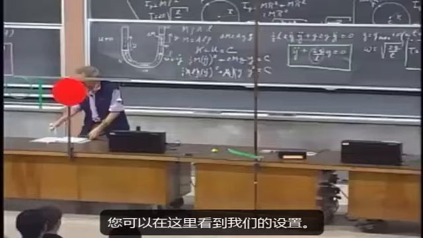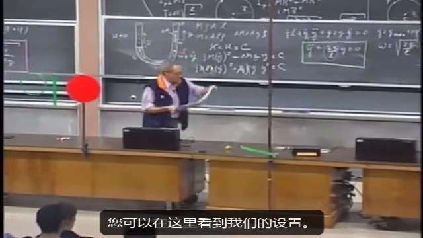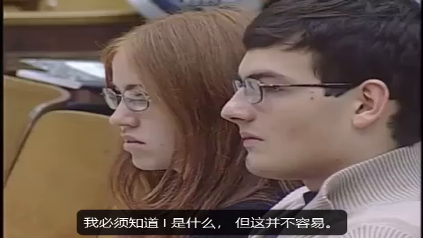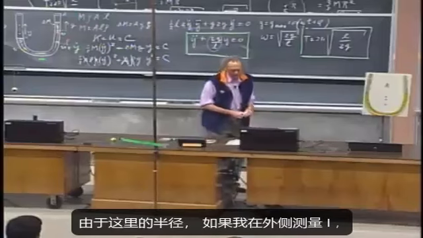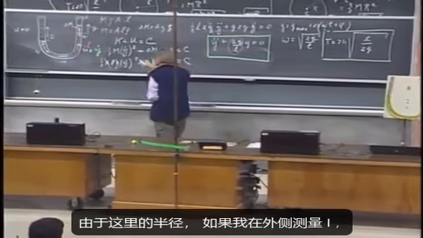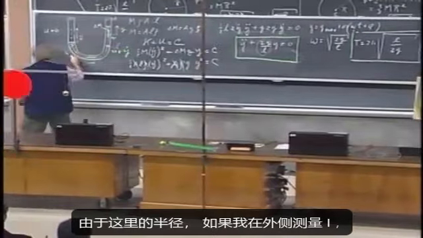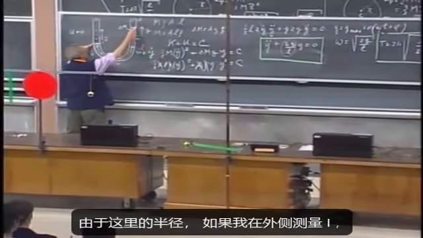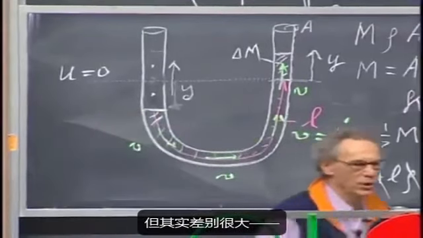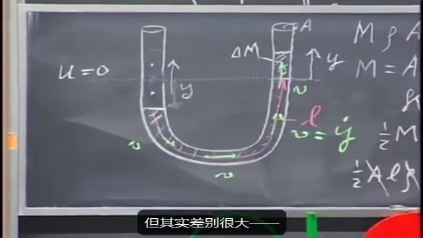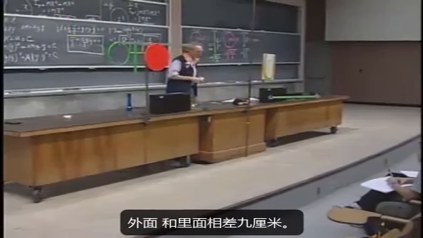You see our setup here. I have to know what L is, and that is not so easy. Because of this radius here, if I measure L on the outside, it's substantially larger than on the inside. You may not think it's a big difference, but it's huge. It's a 9-centimeter difference between the outside and the inside.